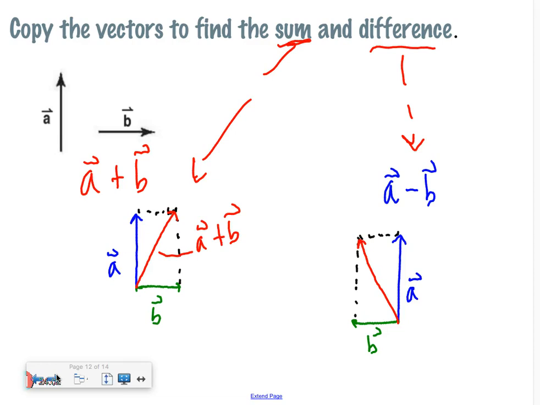Anything? Getting kind of close? Can you try the next one on your own, adding C and D and then subtracting them? See how it goes?